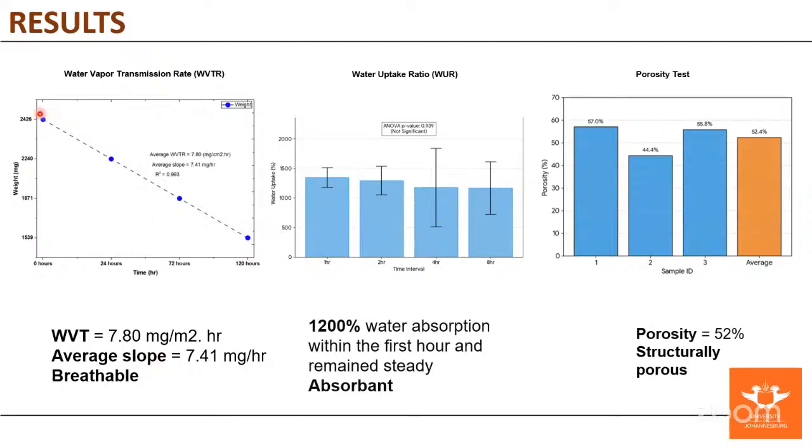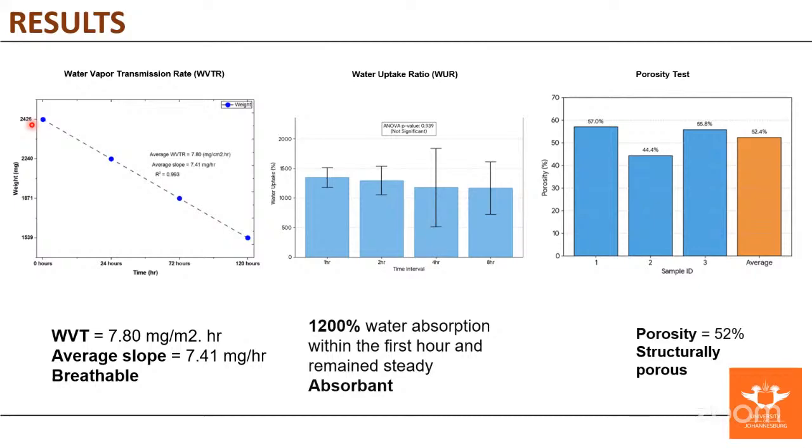If you look at the graph itself, it's constantly slanting towards the lower mass at a constant rate, which is good because it tells us that our fibers first off have connected pores.